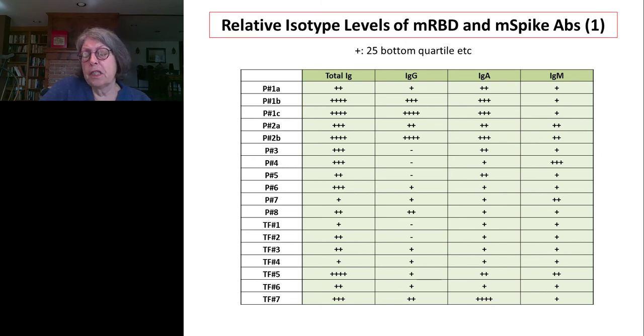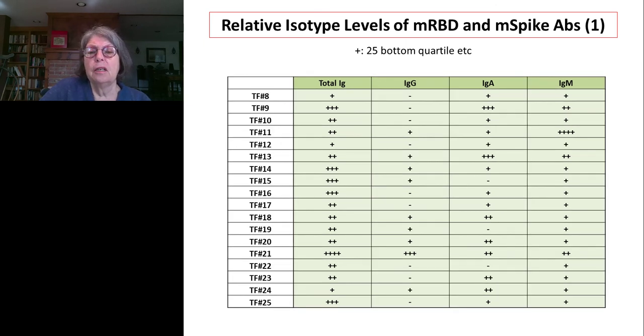For the rest of the specimens, if you look at number 9 in the second row, you can see that the major response is IgA. If you look at number 12, number 11, the major response is IgM, etc.